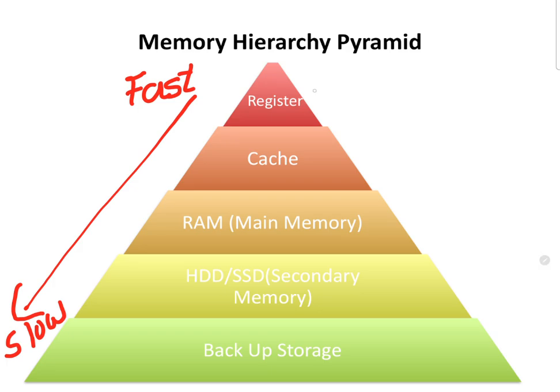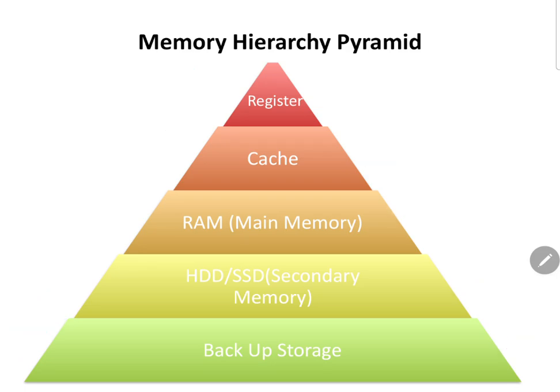As you can see, the topmost layer has the register, then we have cache memory, then RAM, you can consider it as main memory, then secondary memory that is HDD or SSD, and last we have the backup storage. Now let us understand this one by one.